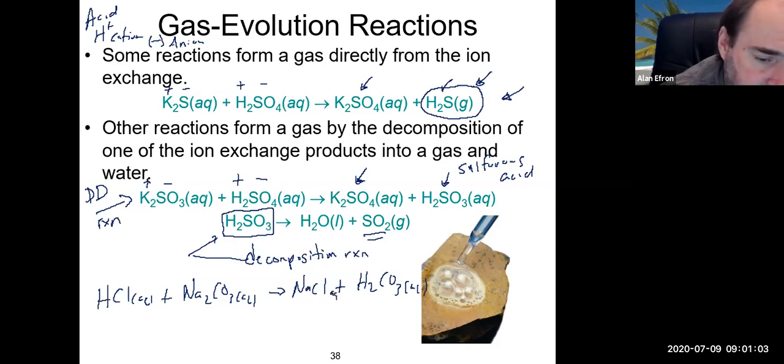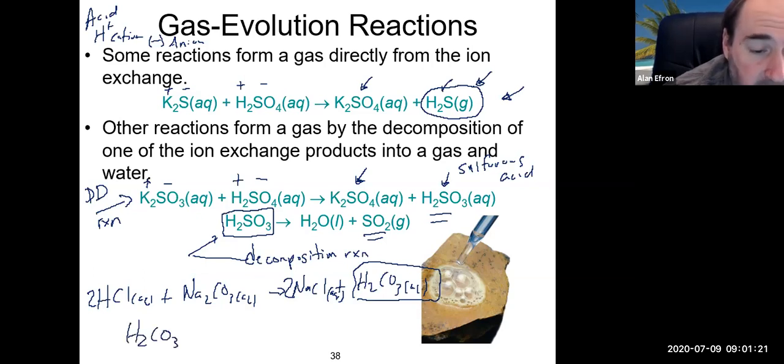Put a 2 there, I think, and a 2 there to balance it out. What we form here is what is known as carbonic acid, and very much like this one here, carbonic acid almost immediately will also go through a decomposition where it makes water and CO2 gas.